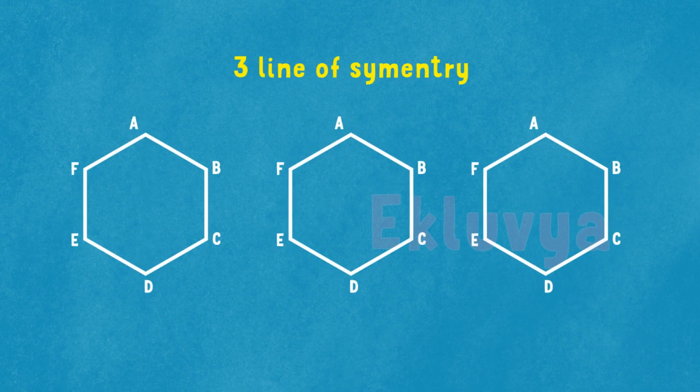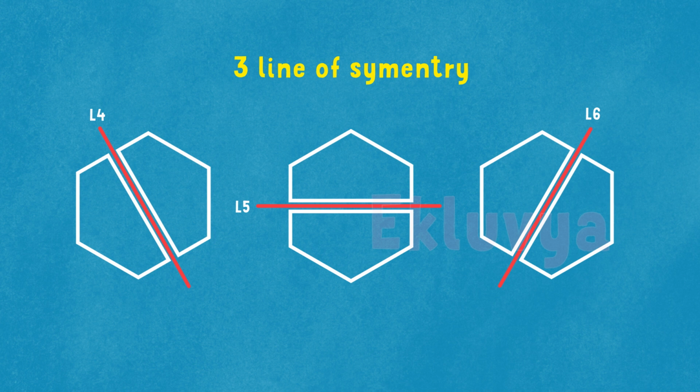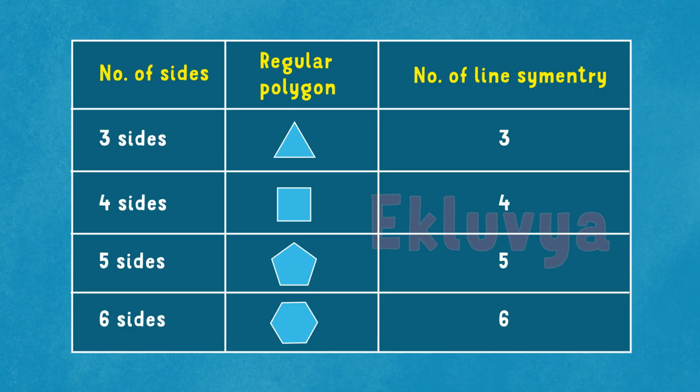You see, if you join the midpoints of the opposite sides of a hexagon, you get 3 more lines of symmetry. And notice how each line creates 2 halves that are perfect reflections of each other. This is the essence of line symmetry. So, we can verify that in a 6-sided regular hexagon, the number of lines of symmetry is equal to 6.